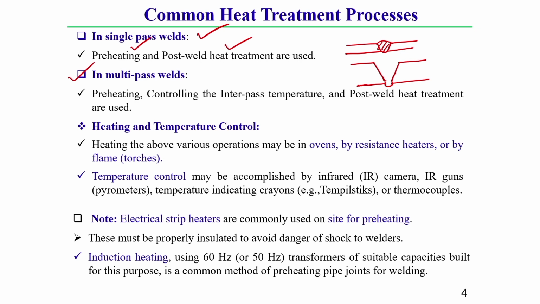So, how does multi-pass welding look? It looks like this: pass 1, 2, 3, 4, 5, 6. These are the different passes generally used in multi-pass welding, which is used for very thick sections. In multi-pass welding we use different heat treatment processes; here also we use preheating as well as post weld heat treatment.